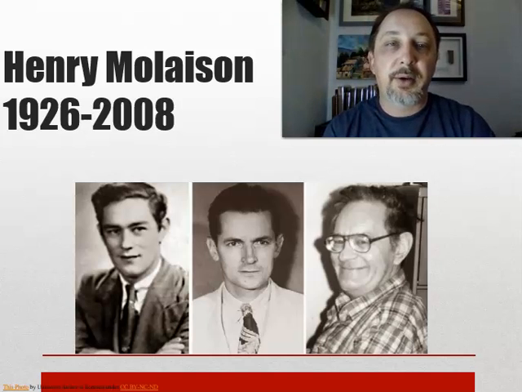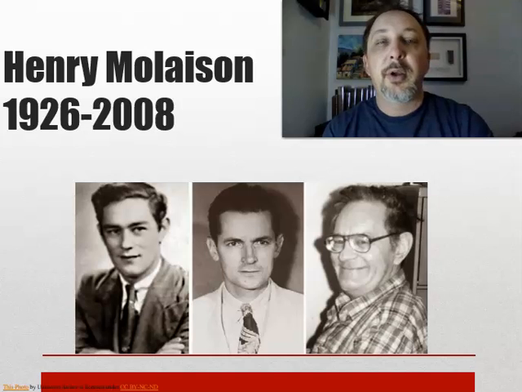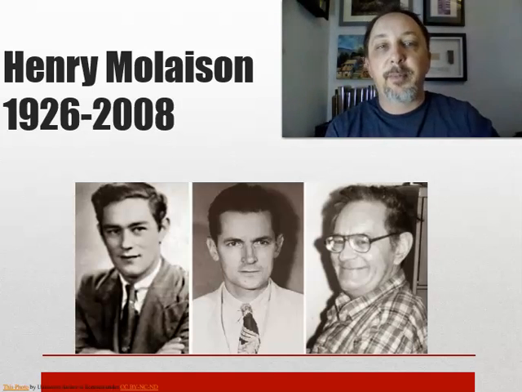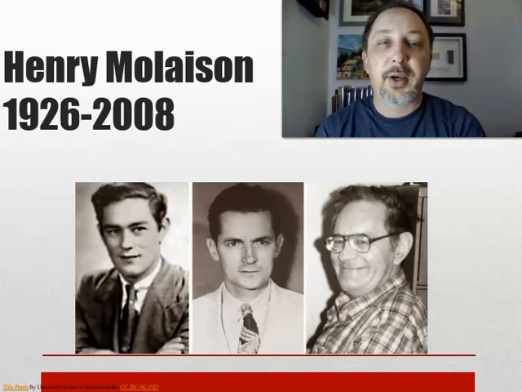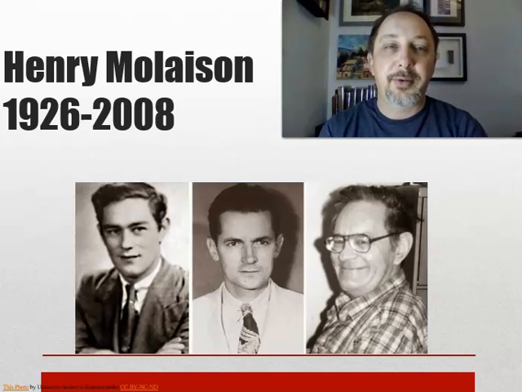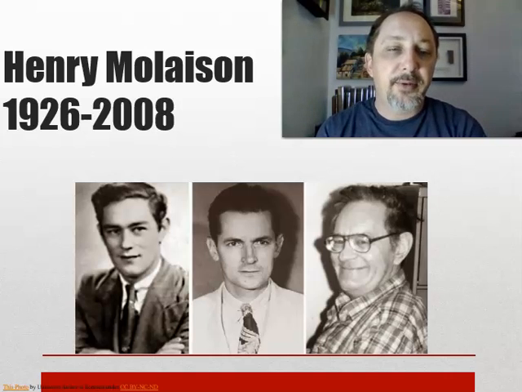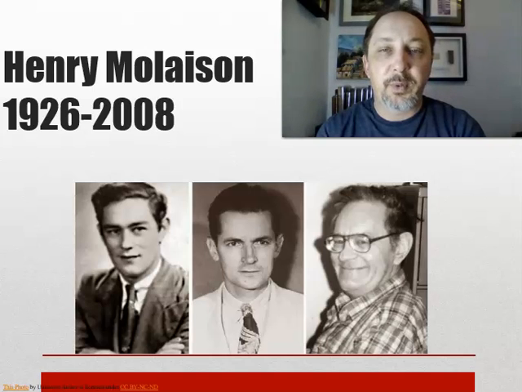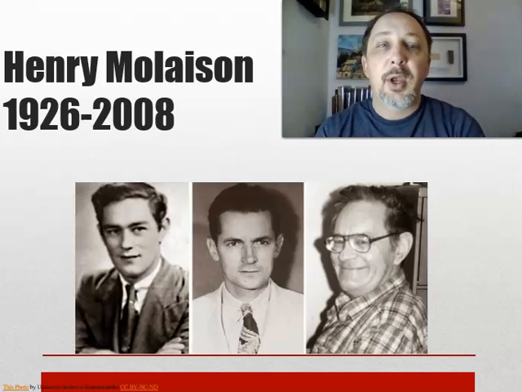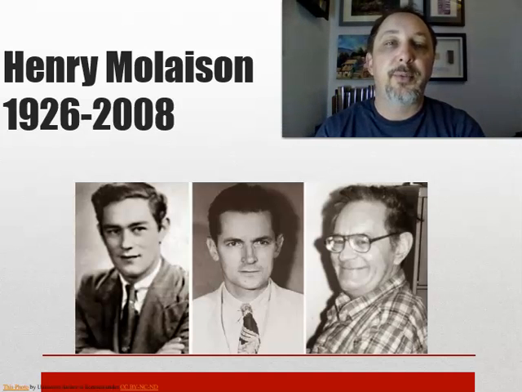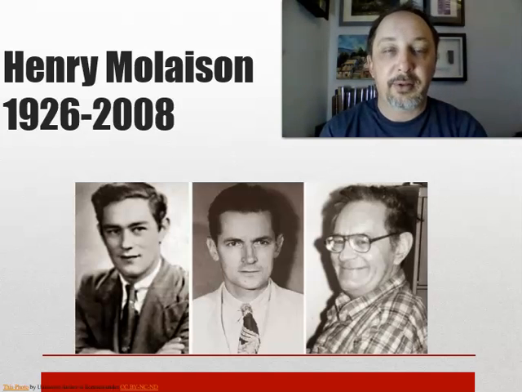And so neurosurgeon William Beecher Scoville operated on him and took out huge chunks of the temporal lobe on both sides. Scoville's been referred to as a bit of a surgical cowboy. And it left Molaison with the inability to form new memories. When I was learning about him, we still called him HM. It was only after he died that they released more information about him and about his life.